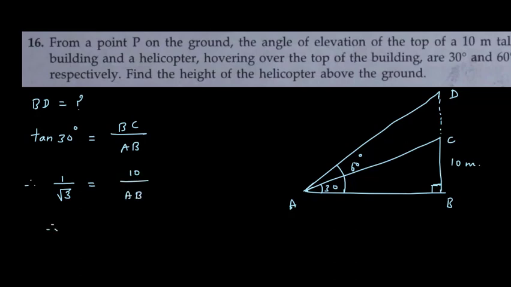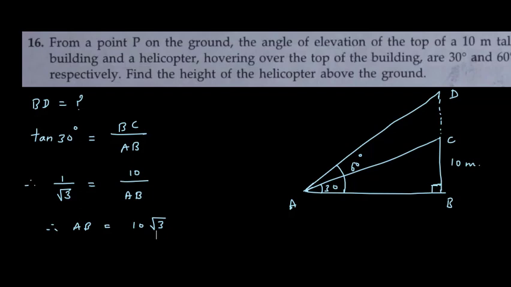So this will give you the value of AB as 10 root 3. And 10 root 3 you can convert it in some meter, but let us at this stage keep this AB as 10 root 3. We are not required to find AB, we are required to find that BD.